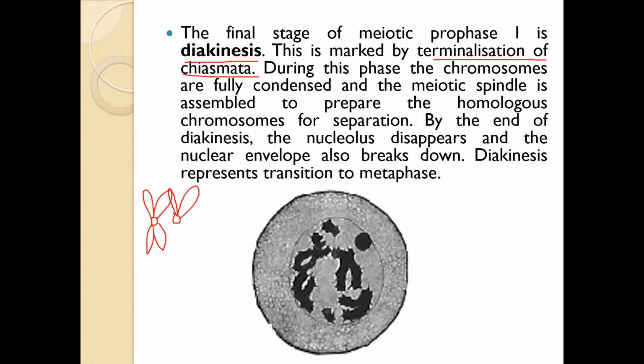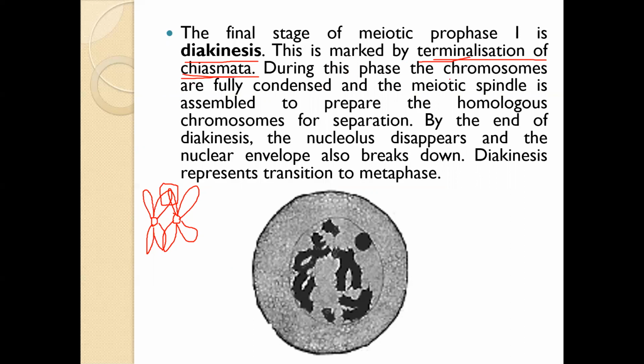This is the terminalization. That means the chromosome parts are not present in an X-shaped manner. These associations are now present in the terminal part of the chromosome. That is why it is called the terminalization of chiasmata.